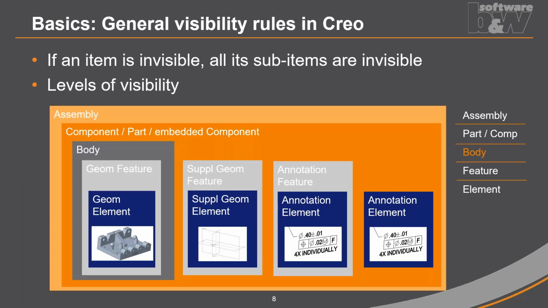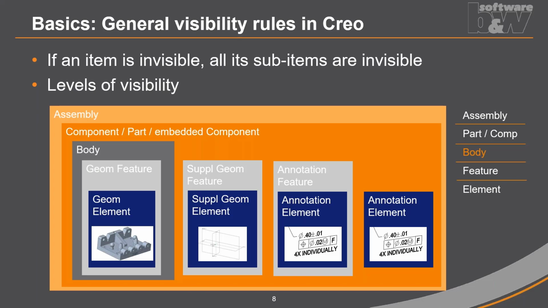Okay, so let's dive into the very basics of the Creo visibility topic. The first rule, and it is valid all the time: if any item is invisible, all its sub-items are invisible too. With this, I built up a picture where you can see the different levels of visibility that exist in Creo.